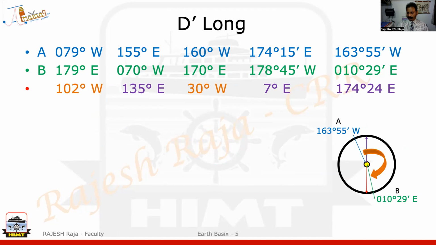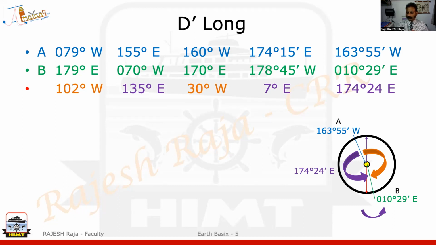So you have a choice of moving this way or moving this way. You need to decide which is the shorter one. When you calculate, you get easterly as the shorter one, which is counterclockwise. So that means I'm going to travel this way. As I told you, the polar diagram is the one that can help you to avoid mistakes.